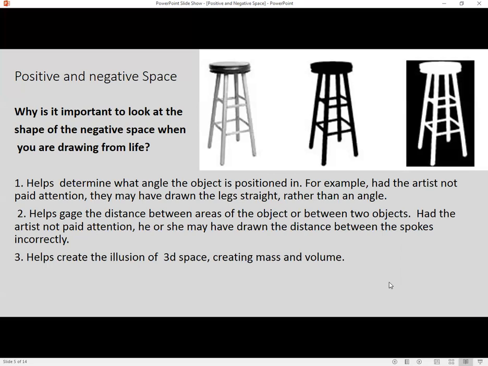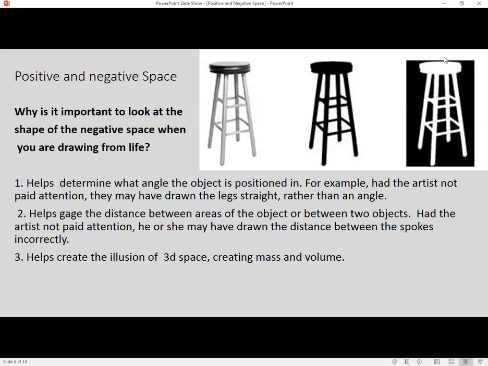Another reason it's important to pay attention to negative space is it helps us create more three-dimensional looking objects. For example, when we get up to the top of the stool, if I drew it straight across, it would look like a flat shape. But I'm going to look at how this negative space angles up here, and when I get over here, it angles up here.